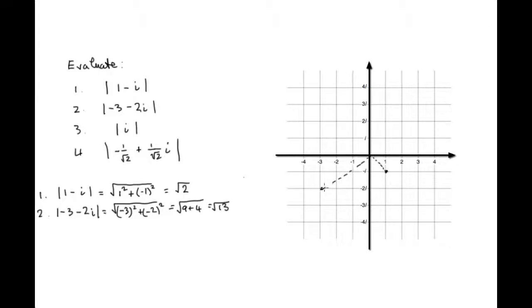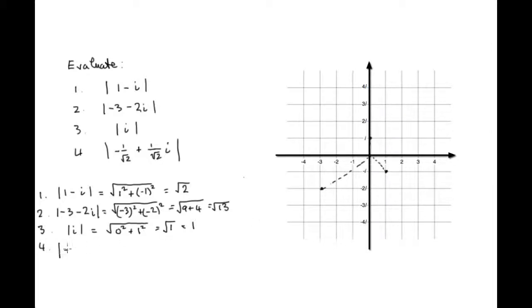That distance is square root of 13. Third example, the modulus of i, square root of real part is 0, imaginary part is 1. We get the square root of 1, which is 1. i lies at a distance of 1 from the origin in the complex plane.